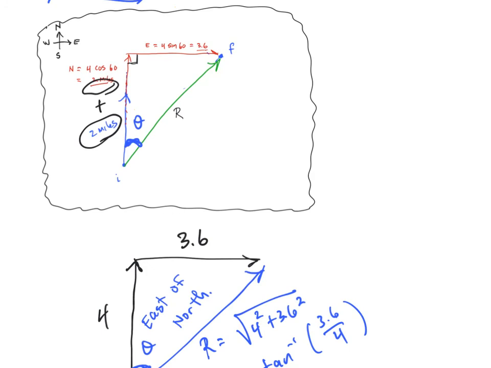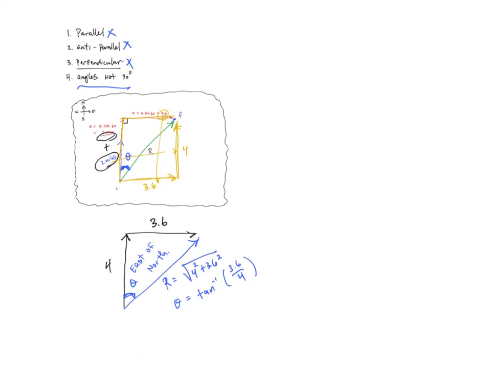You could get the same thing by putting the 3.6 east down here, and putting the 4, the 2 plus 2, over here, and then you'd have the exact same picture. That is just to say that walking 4 miles north and then walking 3.6 miles east is the exact same thing as walking 3.6 miles east and then walking 4 miles north. I just want to point that out. That's all we have for vectors.